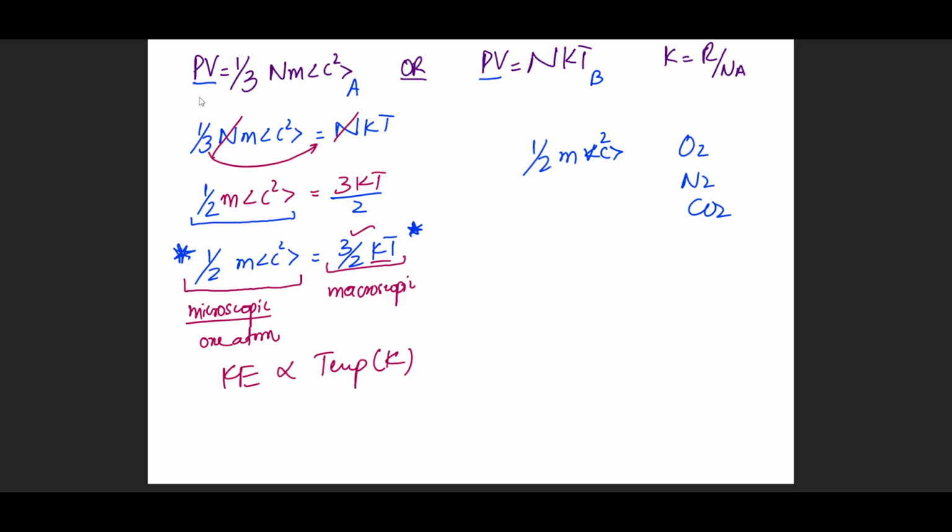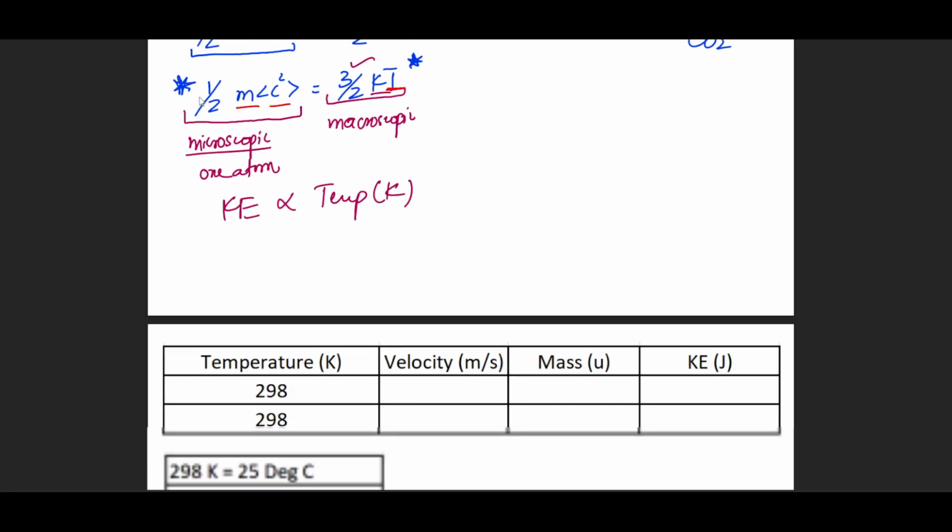Why? The mass of oxygen and the mass of nitrogen are different. So their velocities will be different. But after putting in these values in half m c squared, you will get the same answers. So that is what it comes down to: the temperature will be defined by the mass and the speed squared. Now let's try to do a simple proof.